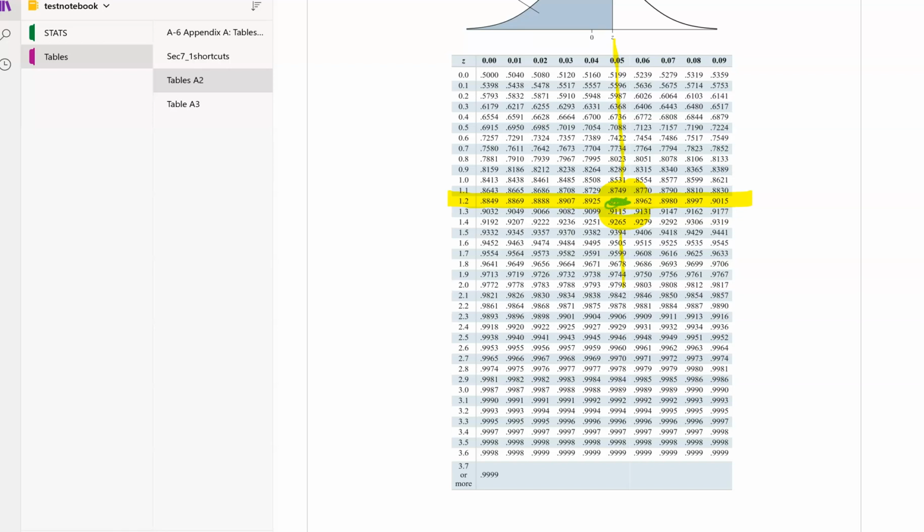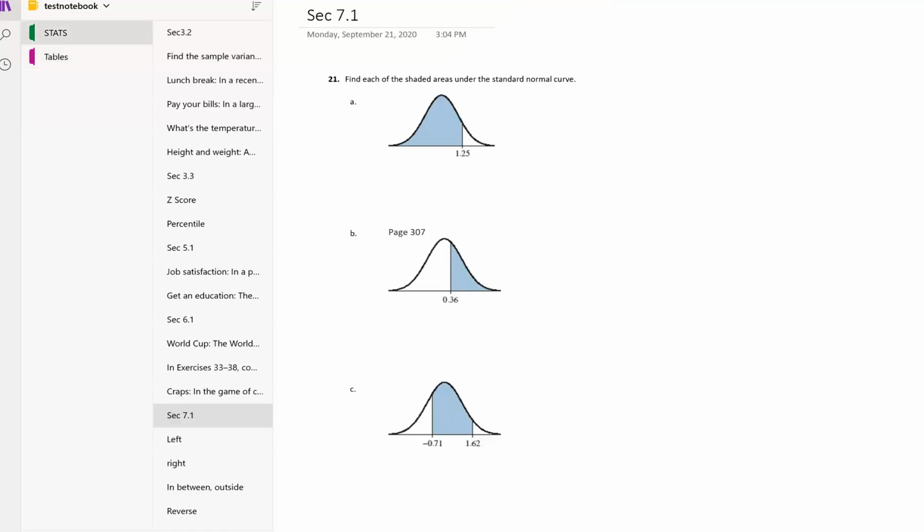Right here is the intersection, 0.8944. So I go back here and I say the area is 0.8944.